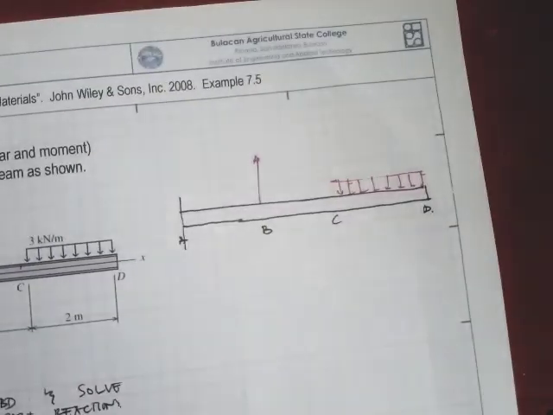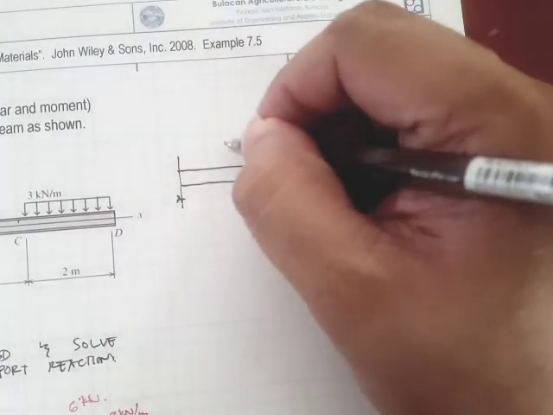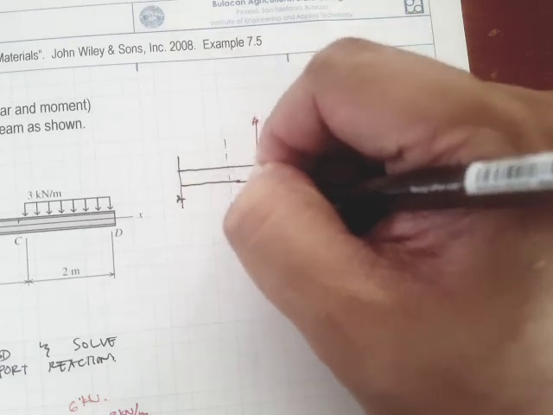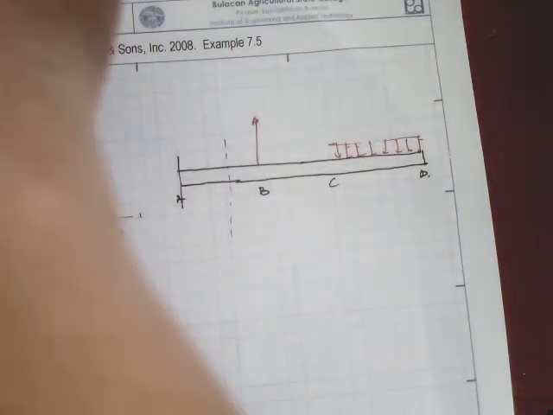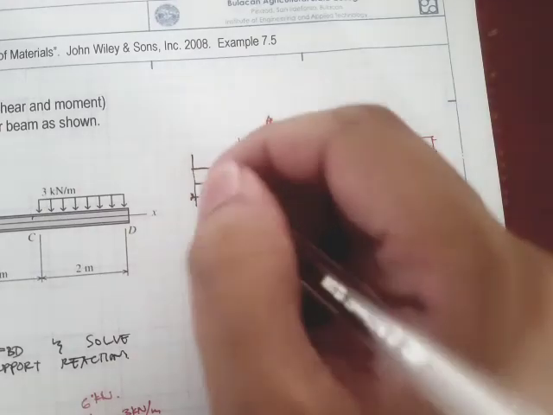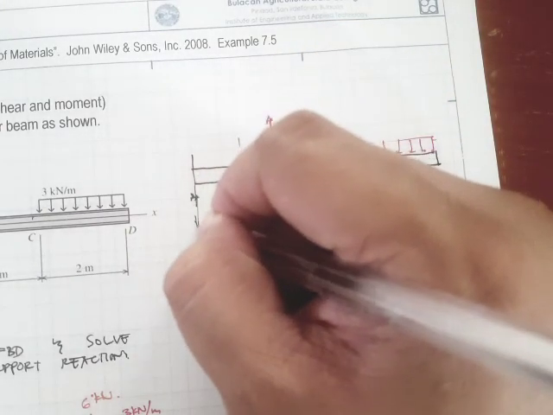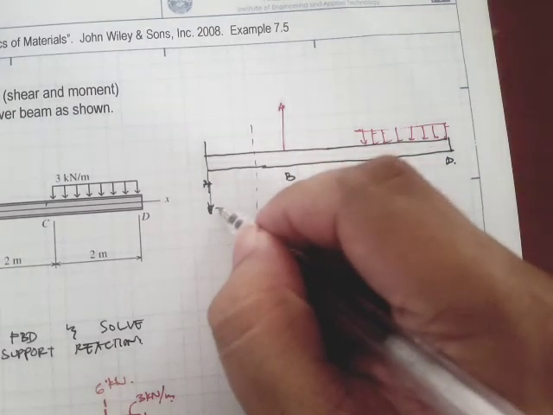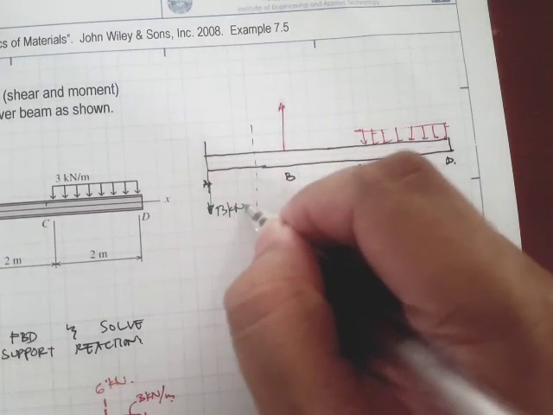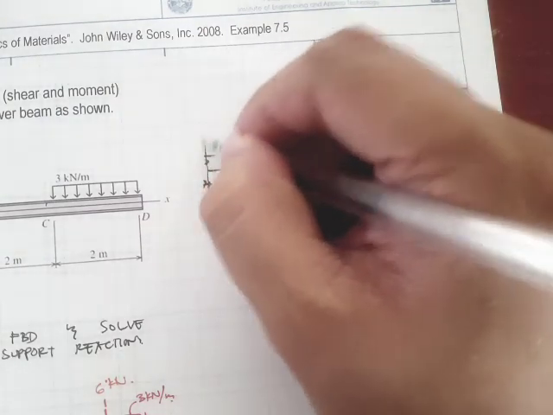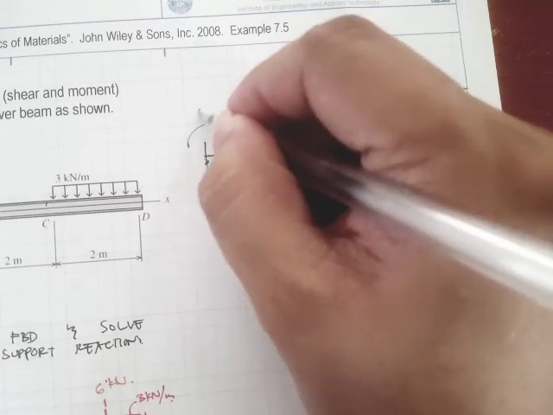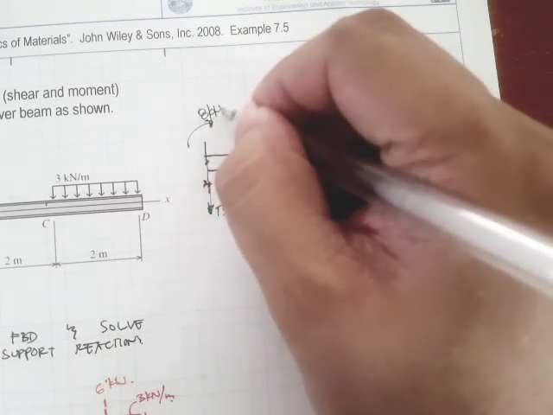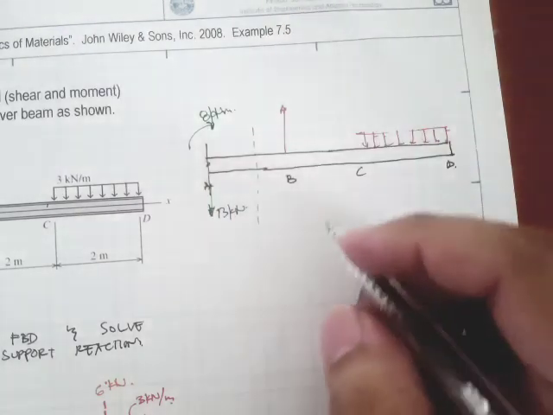Okay, so for now I'll just make an arbitrary cut, and of course we have to show the reactions, the value of the reactions. This is 13 kilonewtons, and we have a moment of 8 kilonewton meters.